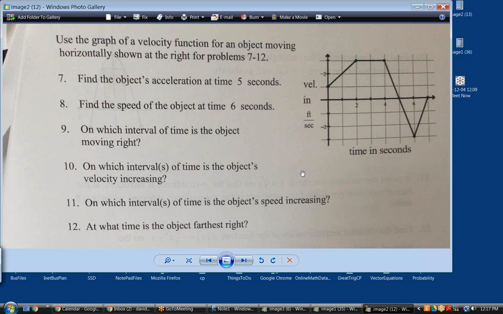Uh-huh. And it's that slope from this point all the way down to this point. So we've got acceleration going on right here of -3 that entire time, not just at 5, but also between 4 and 6. Find the speed of the object at time 6 seconds.